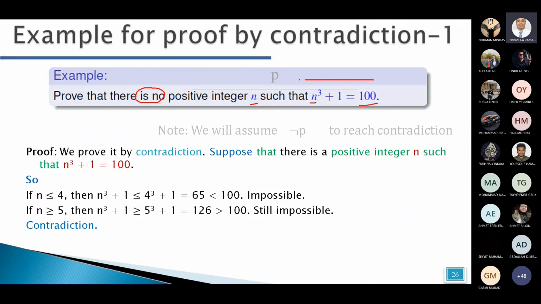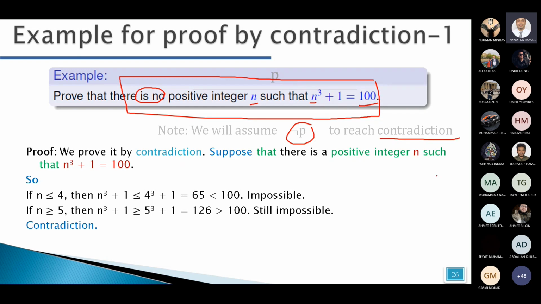So all this is P. We will start from not P. So we assume that not P is correct. Then if we reach a contradiction, something not correct or impossible or in contradiction with our assumption, then our assumption is not correct. In this case, the original one is correct.